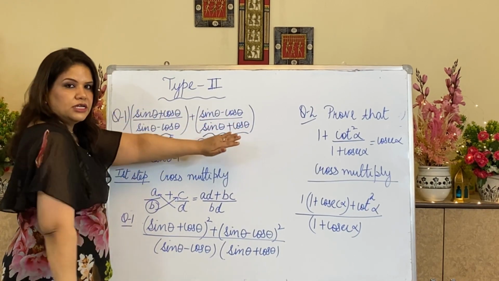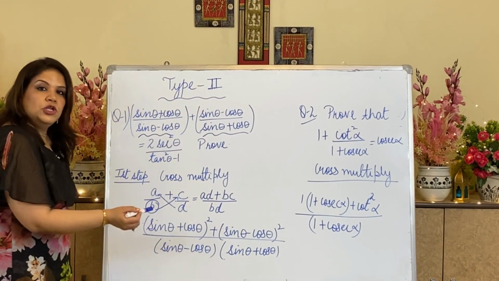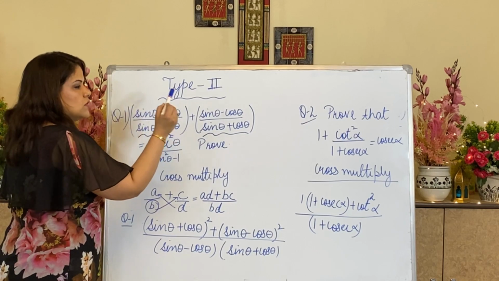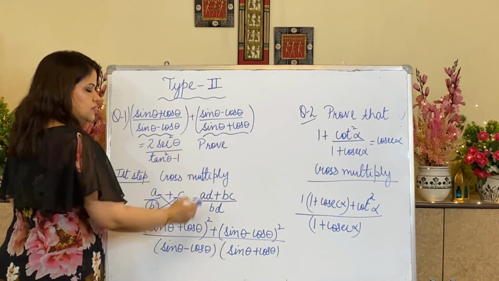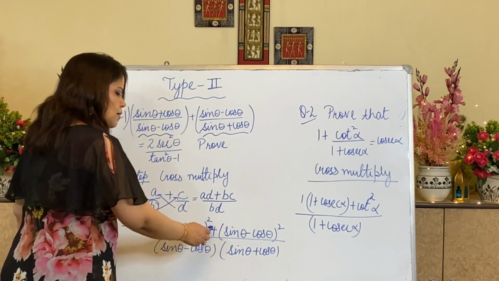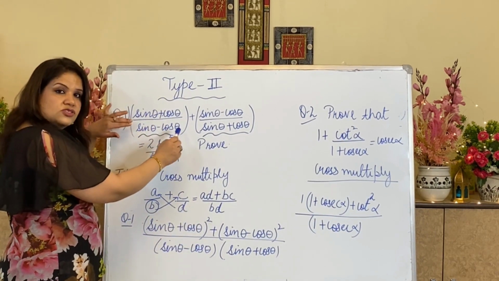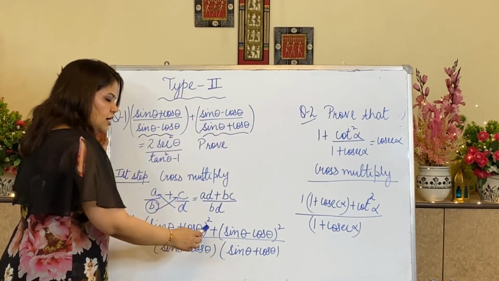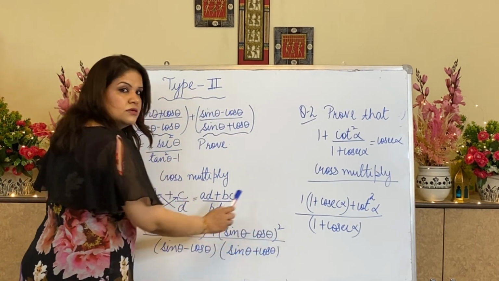They both will get multiplied and give me a new term which will be something like this: sin theta plus cos theta into sin theta plus cos theta will be sin theta plus cos theta square. Plus sin theta minus cos theta, when multiplied with sin theta minus cos theta, will be sin theta minus cos theta square.